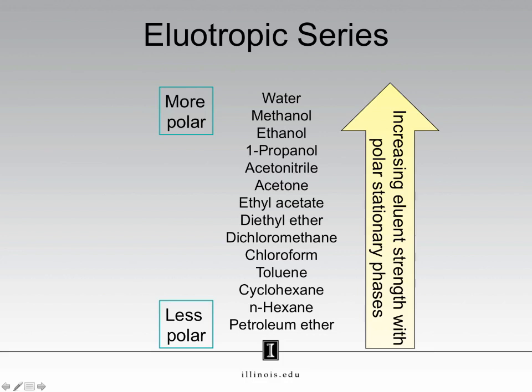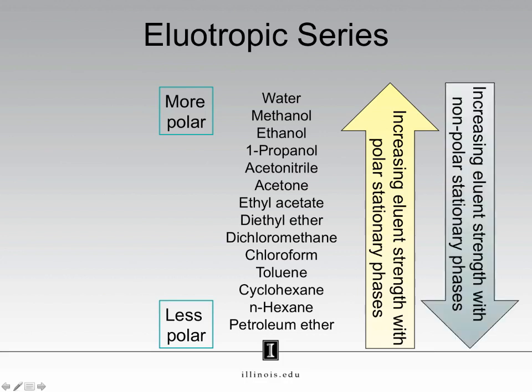In a reverse phase TLC experiment, where we have a non-polar stationary phase, the opposite is true. With a non-polar stationary phase, the less polar you make the solvent, the faster the compounds move. To summarize, the more similar the eluent is to the polarity of the stationary phase, the faster the compounds move in the experiment.